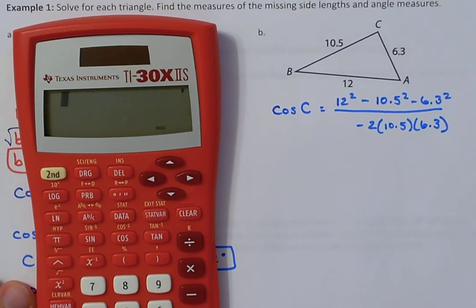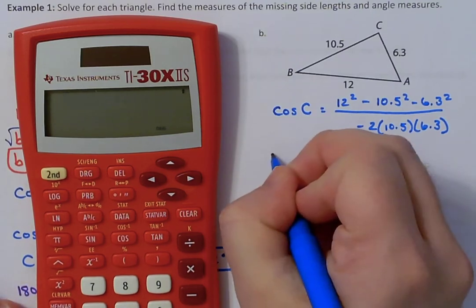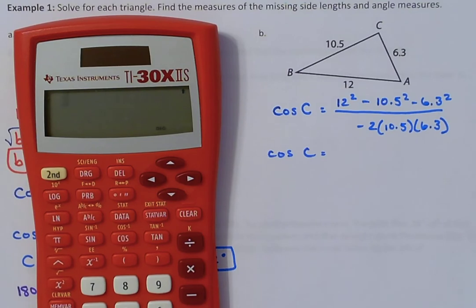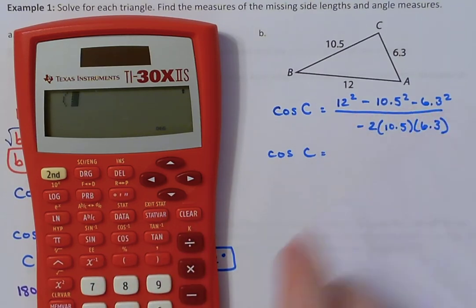All right, so now that I have that set up, I'm going to slide it back up. We are going to calculate this fraction again. We're going to figure out what cosine C equals, and then take the inverse of cosine of that number to figure out the measure of angle C. I'm going to use parentheses for the whole top part.